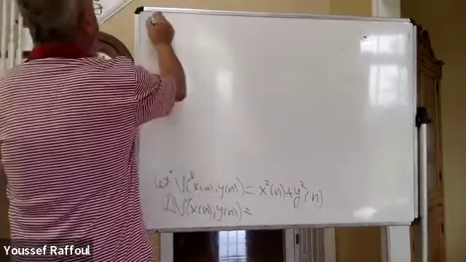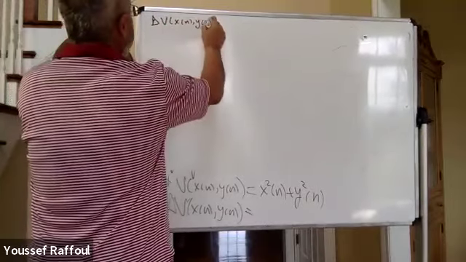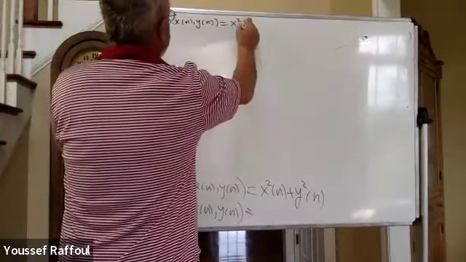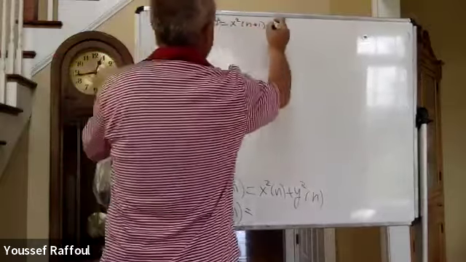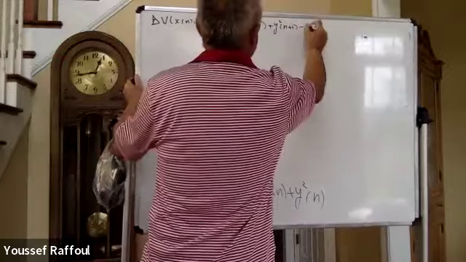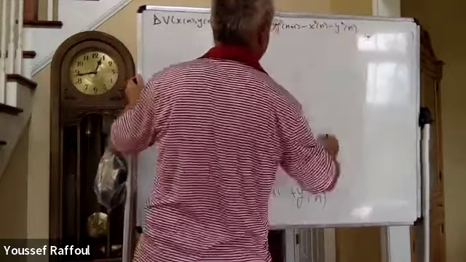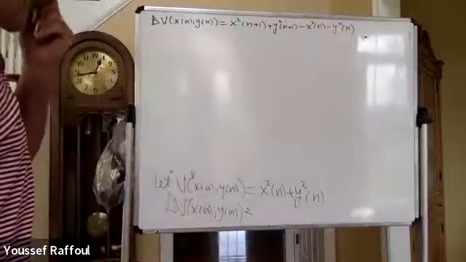So delta V of (x_n, y_n) equals x squared of n+1 plus y squared of n+1 minus x squared of n minus y squared of n.